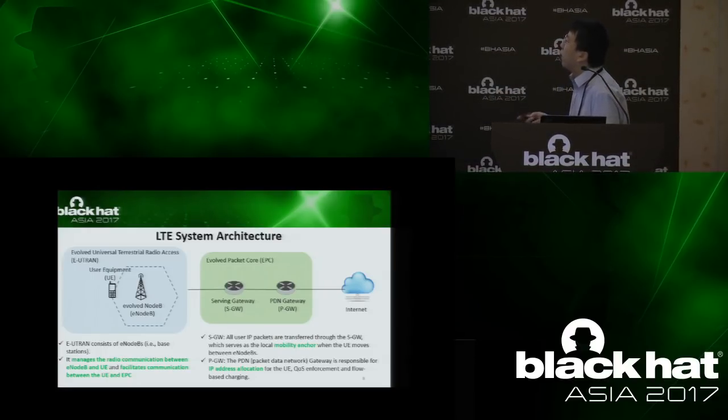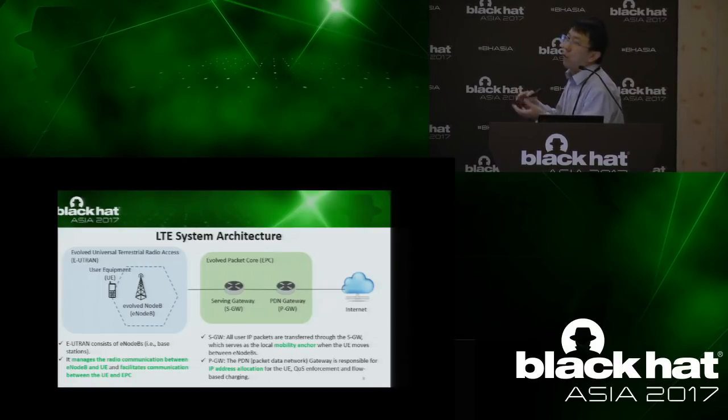So we start from left-hand side component. Actually, the EUTRAN consists of a set of several distributed eNodeBs. eNodeB is actually the base station. So this EUTRAN actually manages the radio communication between the user equipment, basically the mobile device, and the base station.